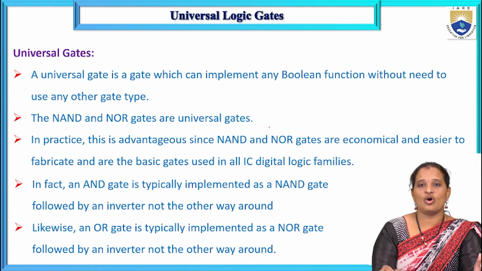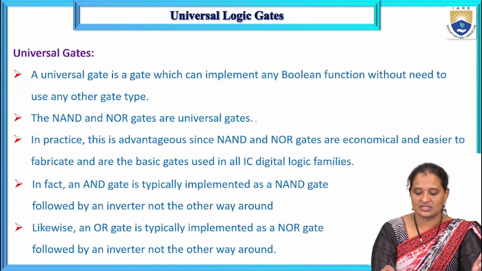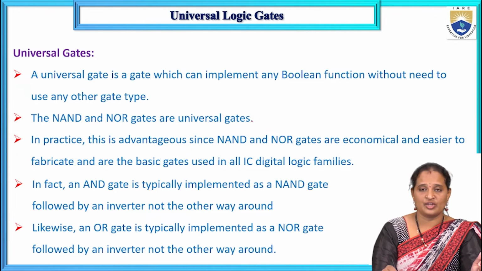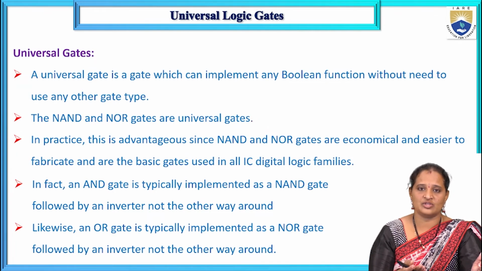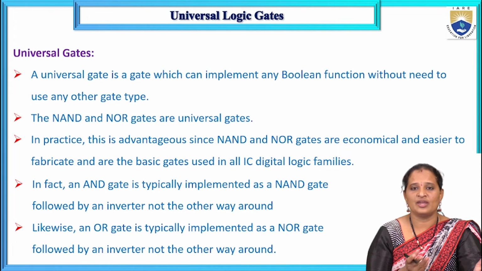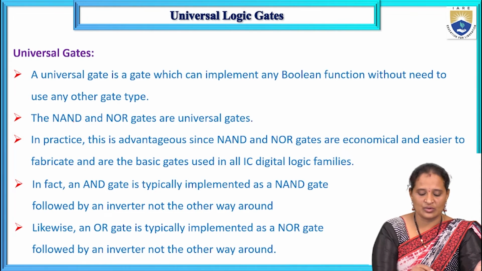The NAND and NOR gates are said to be universal logic gates, where we can implement any other Boolean function using only NAND or only NOR gates. That is why we call NAND and NOR universal logic gates.